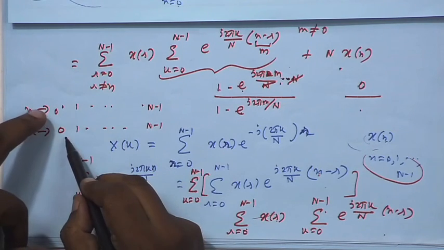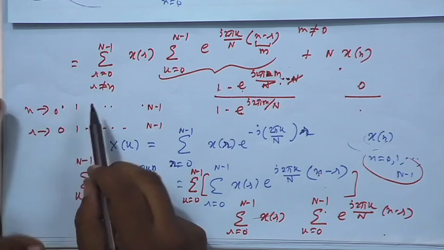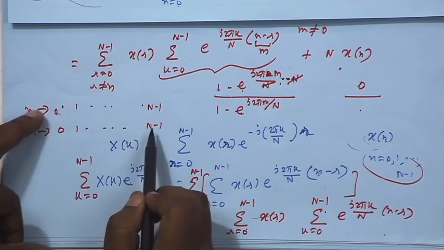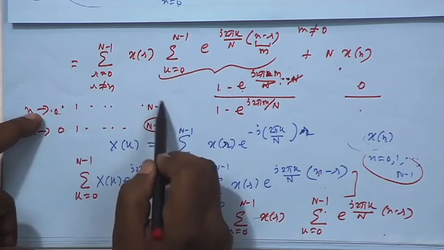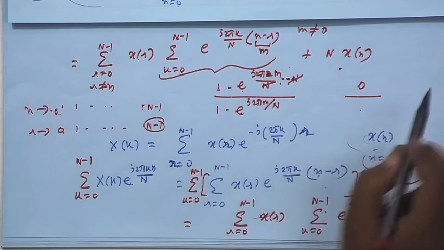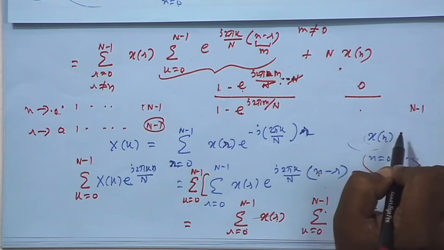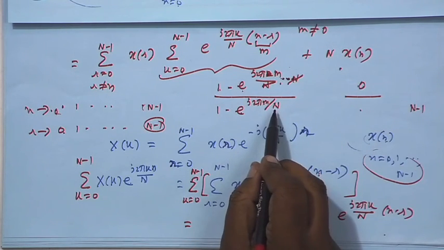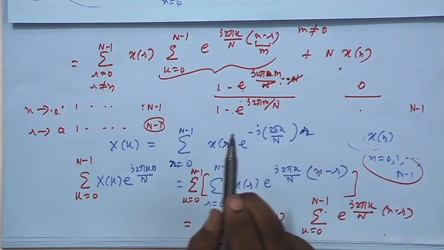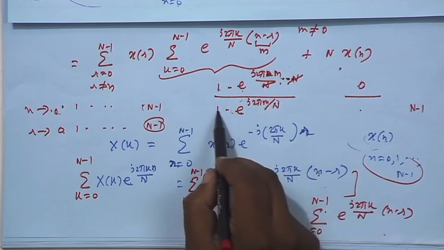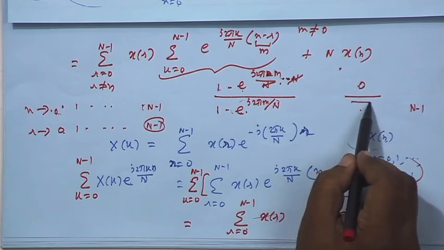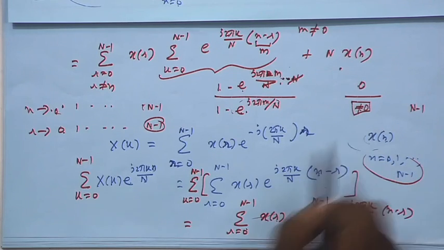So, n minus r can be maximally capital N minus 1 or less than that. It cannot be equal to capital N, which means e to the power j 2 pi m by N can never be equal to 1. So, the 0 by 0 case does not arise, and the denominator will be non-zero.